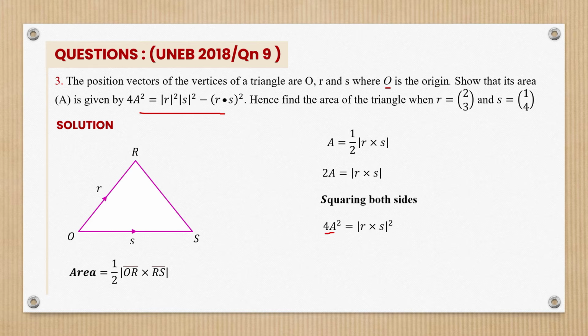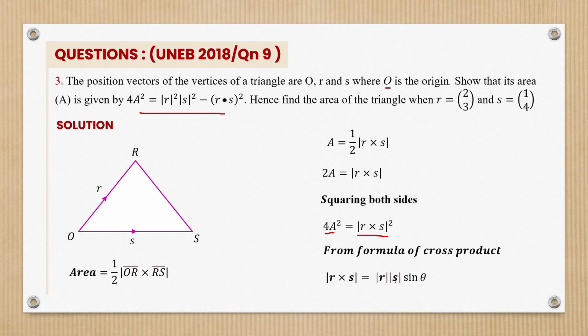So we now have what is actually on the left hand side, and then now this is a square this side. So now I actually have to prove that this side will actually look like what we actually have right there. Now from formula of cross product, we know, let's actually deal with this side alone. Let's deal with r, the vector product of r and s.